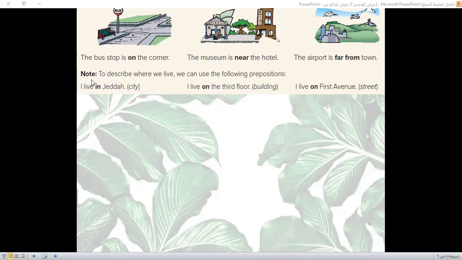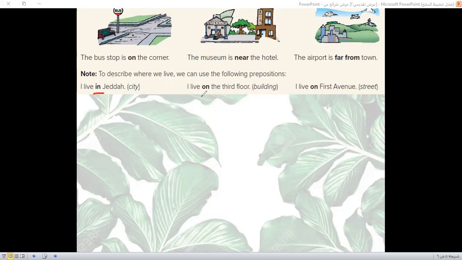Okay, pay attention here in this note. To describe where we live, we can use the following prepositions. If I'm going to say, where do I live? And I mean a city, then I'm going to say, I live in Jeddah. I live in Medina. In, I will use the preposition in.